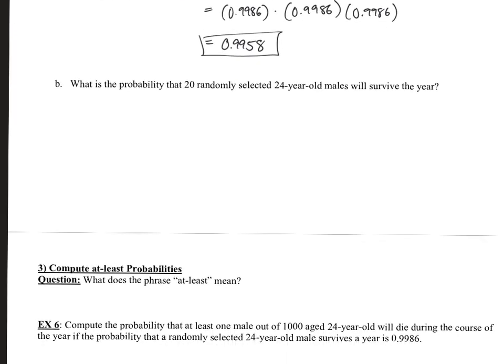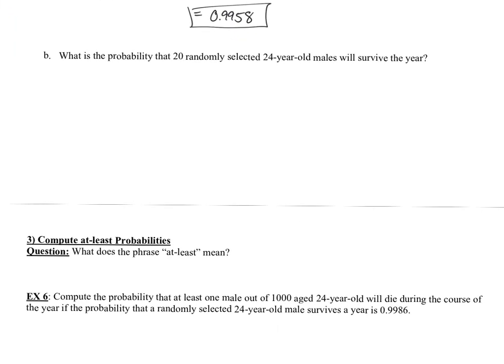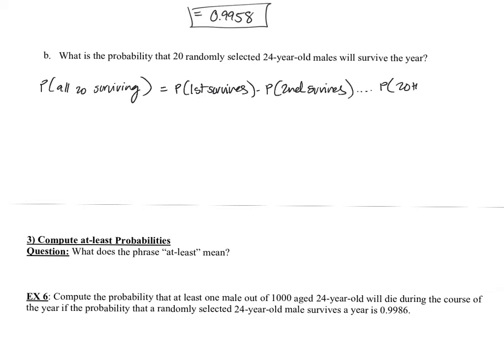Pretty good. So what is the probability that 20 randomly selected 24-year-old males will survive? Well, let's see. That would be a probability of all 20 surviving. So that would be the probability first survives times the probability second survives up until the probability the 20th survives.